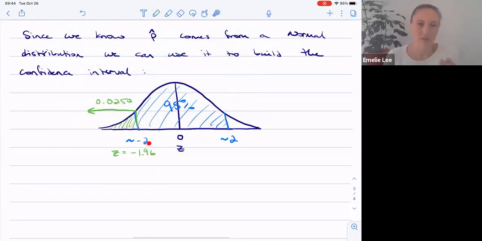So is that close to -2? Yes, it is, right? And that's where the empirical rule came from, okay? By symmetry, I know on the positive side, it has to be positive 1.96. Otherwise, it wouldn't be the central 95%. And so here I would have Z equal to 1.96.